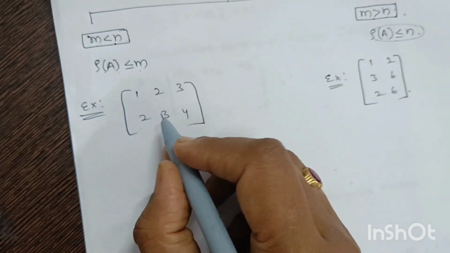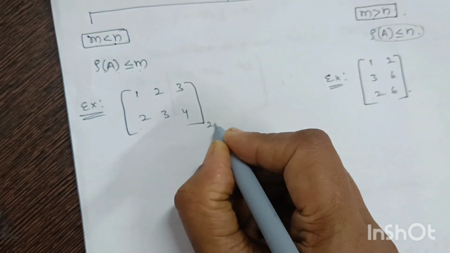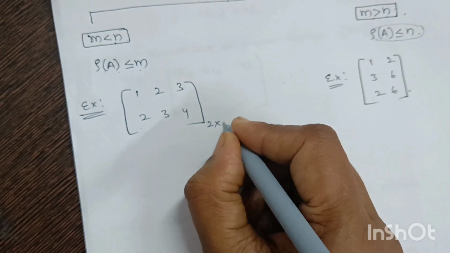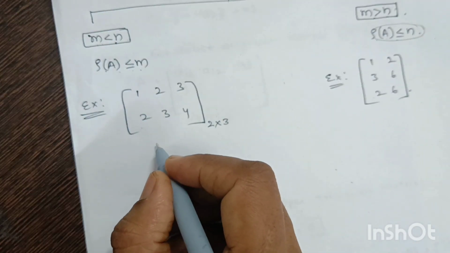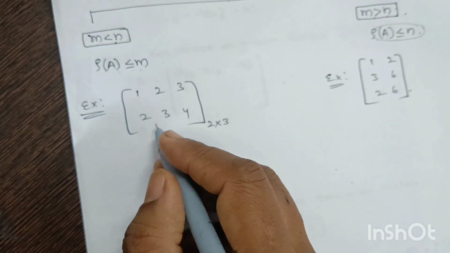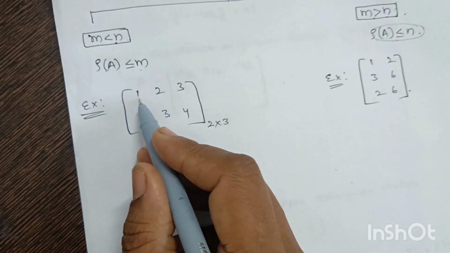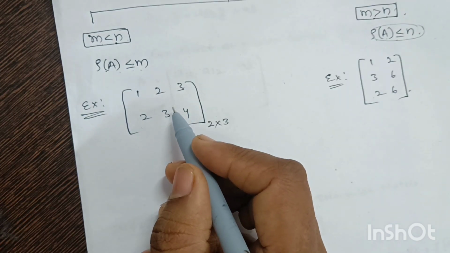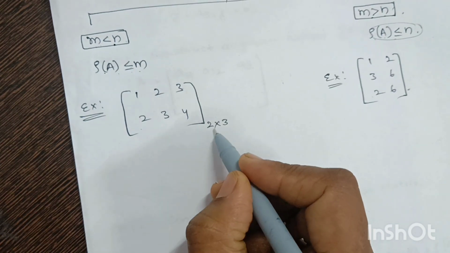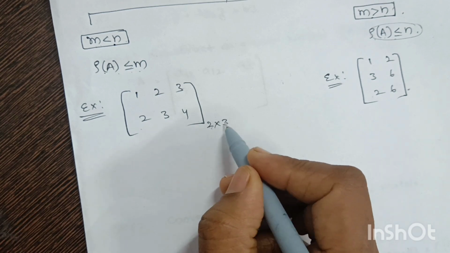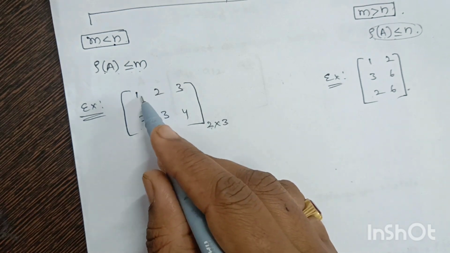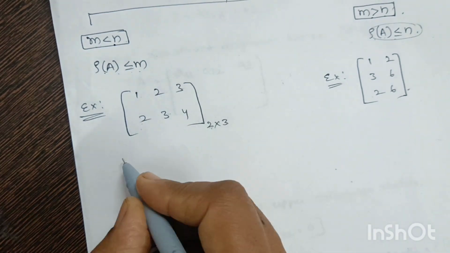Here m, the number of rows, is 2 and n, the number of columns, is 3. To find the rank of A we need to take one minor. We can't find the determinant of this directly, because for a determinant m and n should be the same. So I am taking one minor: 1 2, 3 4.